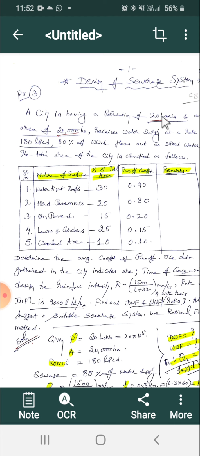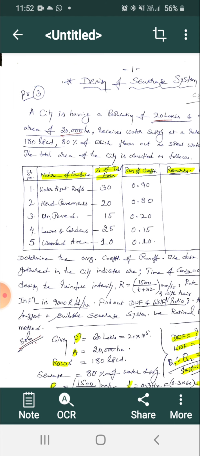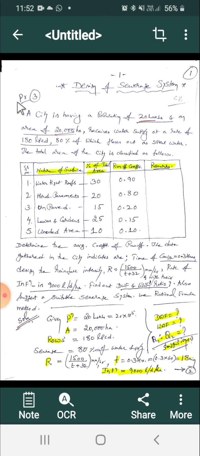The city has this population, and the catchment area of 20,000 hectares receives water supply at a rate of 180 LPCD. 80% of which flows out as spent water. Spent means utilized. So 80% of water flows out as spent water.